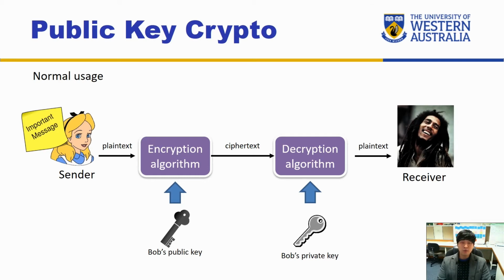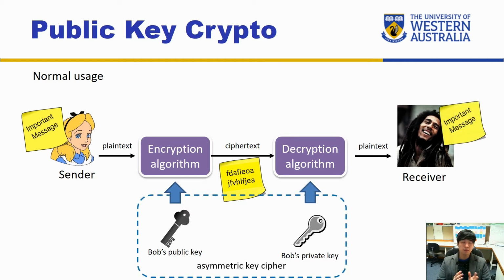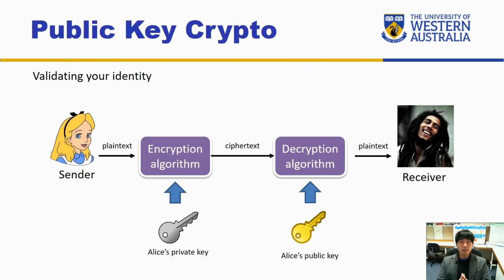So even if you intercept this ciphertext, you cannot decrypt it using the public key again. That's the handy part of using public key crypto systems. Only Bob will be able to retrieve the plain text using the private key. And this can also be useful to validate your identity as well, which we'll see a bit later.